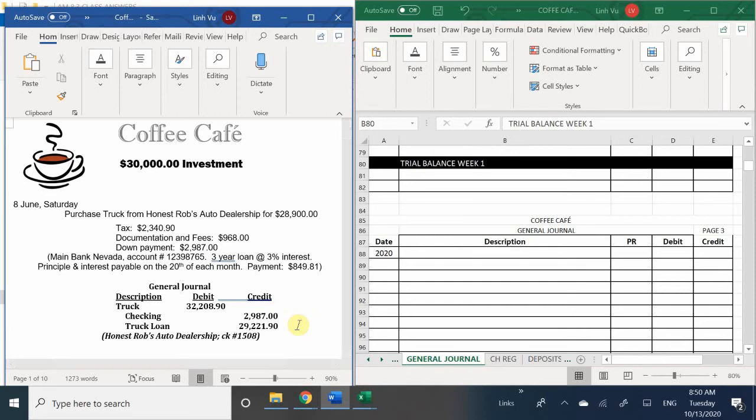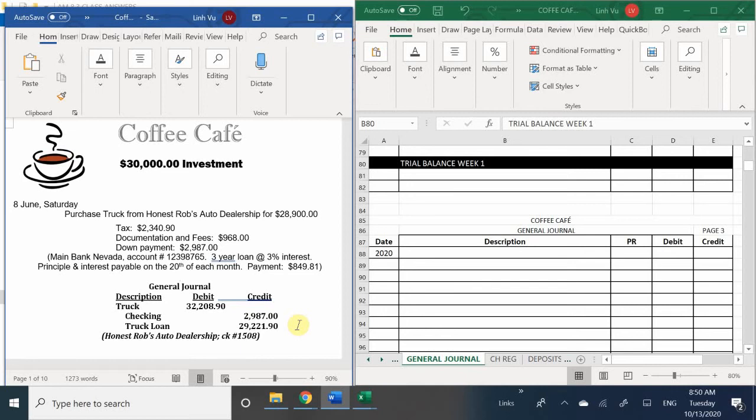Tax of 2,340.90. Documentation fees 968. Down payment of 2,987.